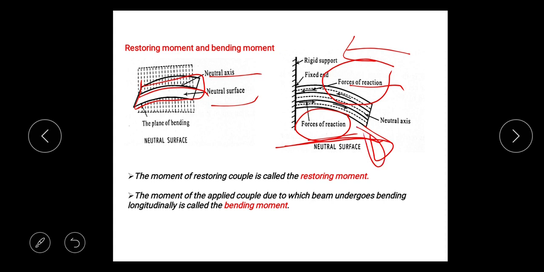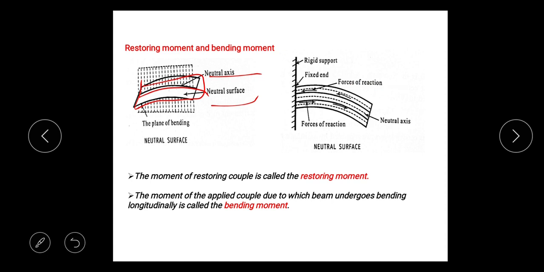These two forces develop a couple called the restoring couple. So the restoring couple is due to these two forces of reaction. So the moment of the restoring couple is called the restoring moment.